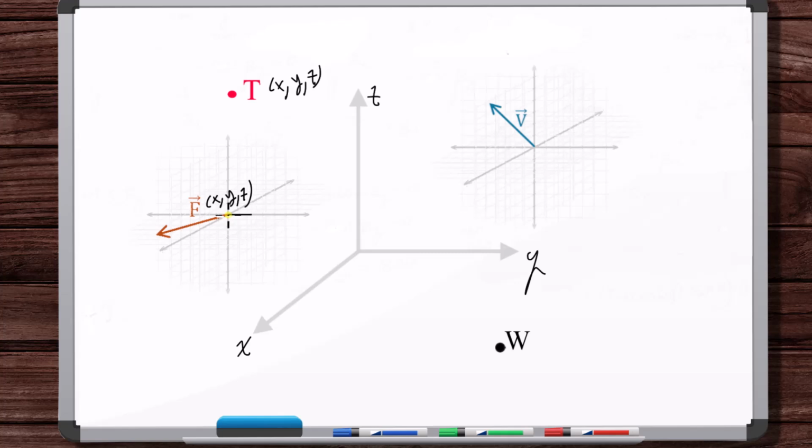So the component in this direction of the vector, like the X, I guess, or the Y direction, would be a function of the location in 3D space. Same with this component. Same with this component. That's it. In this case, you have a vector-valued function, and you could look at this as a scalar-valued function.